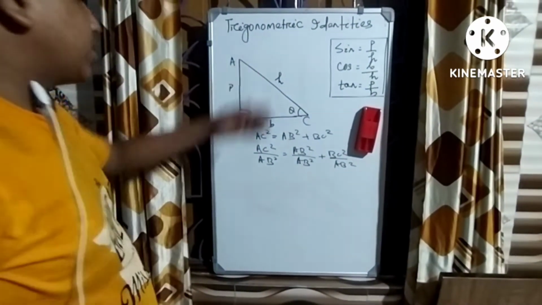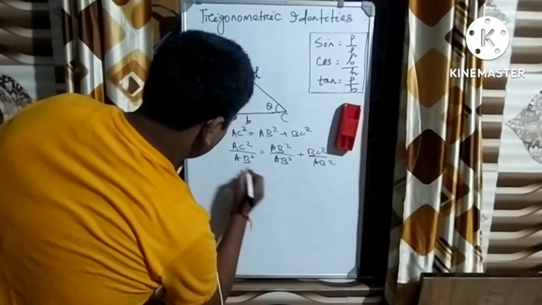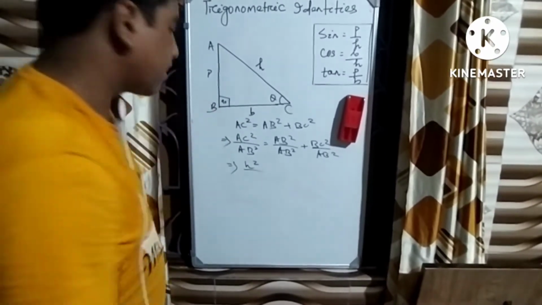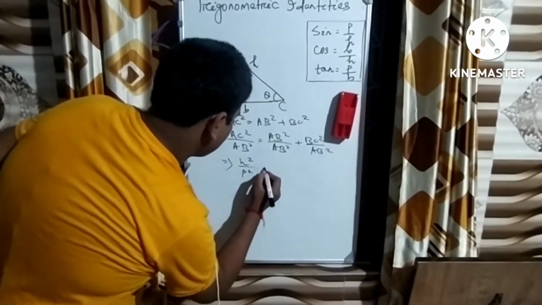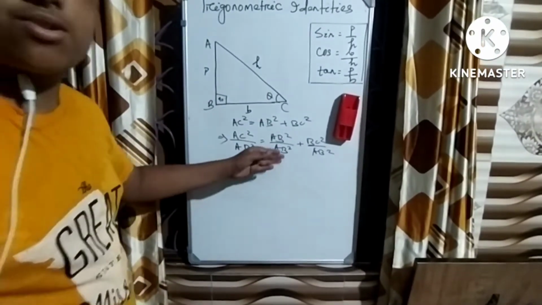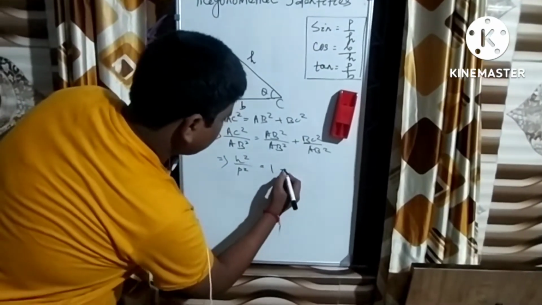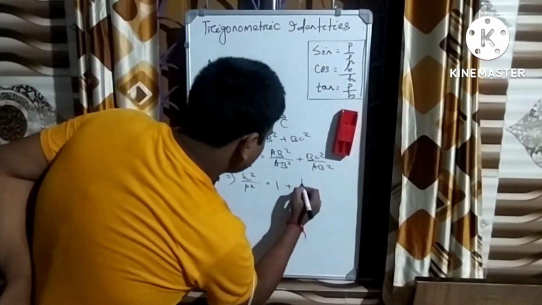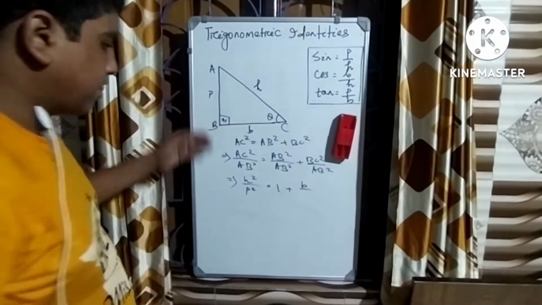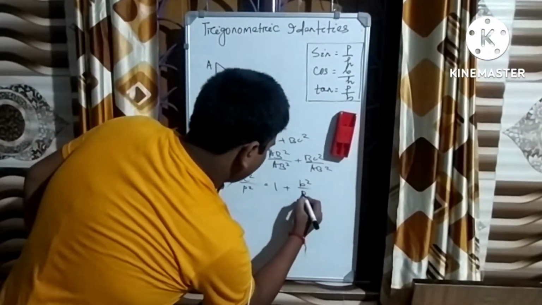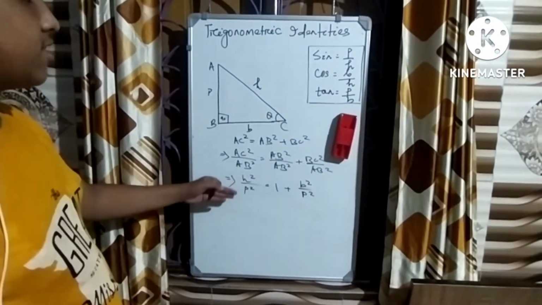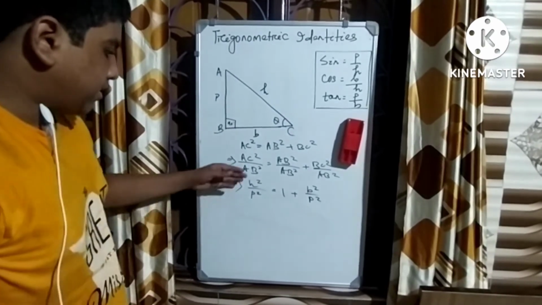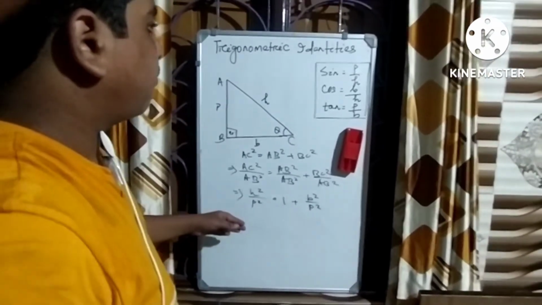Here AC is the hypotenuse, H square by AB is the perpendicular, P square, is equal to AB square by AB square, which is 1, plus BC is the base, AB is the perpendicular. Now H square by P square is the ratio of cosec theta.